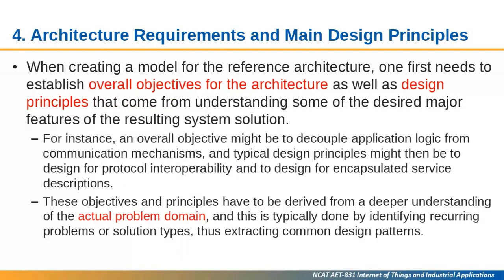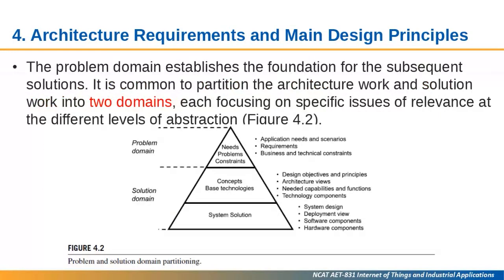When creating a model, one needs to have the overall objectives for the architecture as well as design principles. This architecture is useful, and we have some guidelines and principles. The problem domain establishes the foundation for the subsequent solutions. So we have the problem domain.